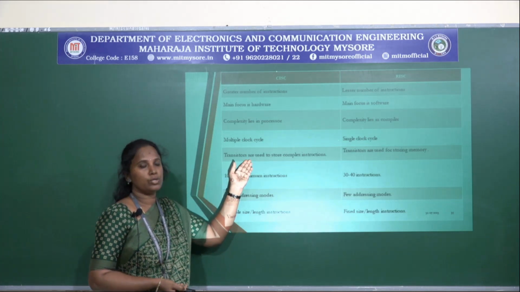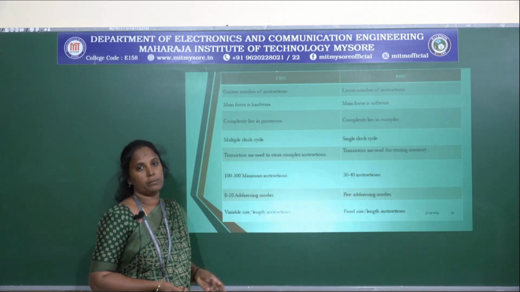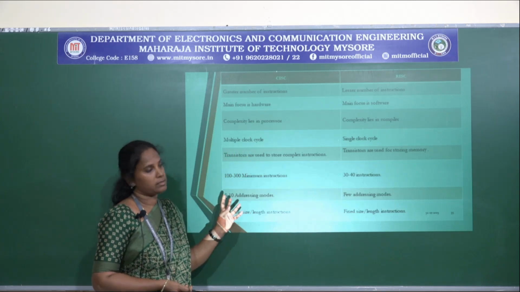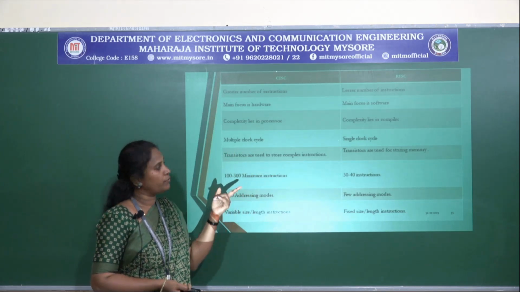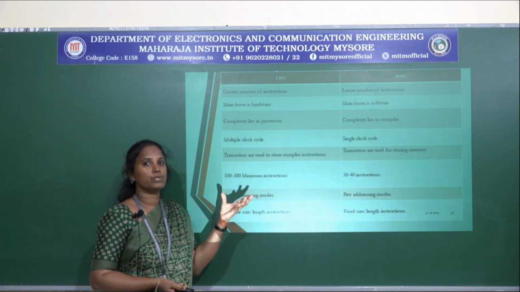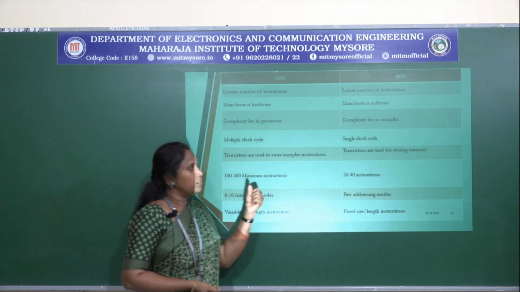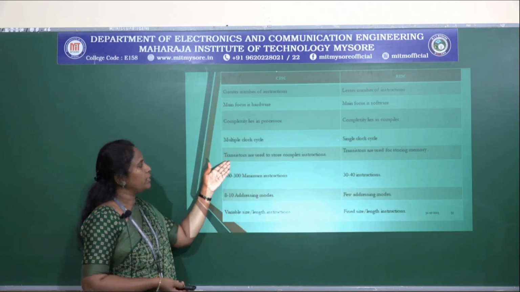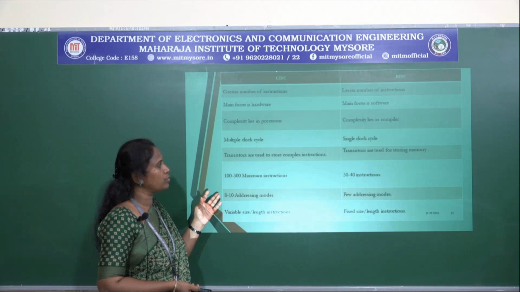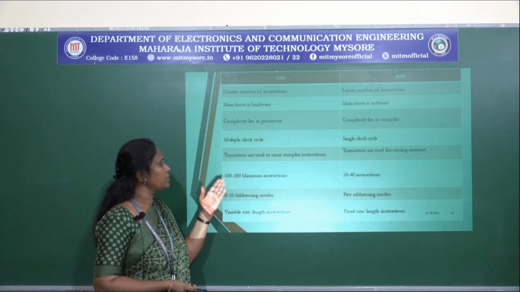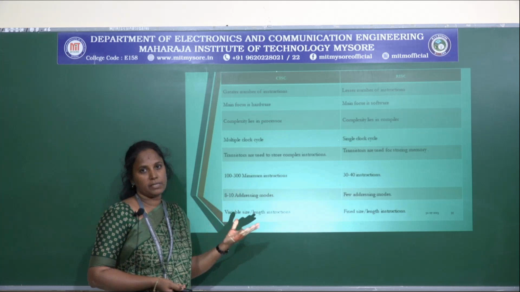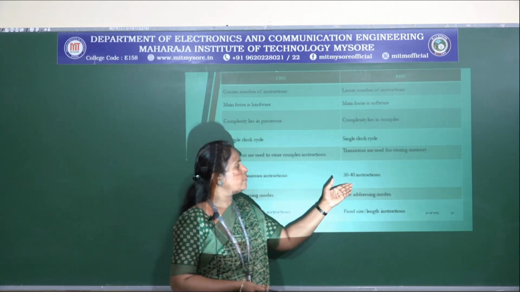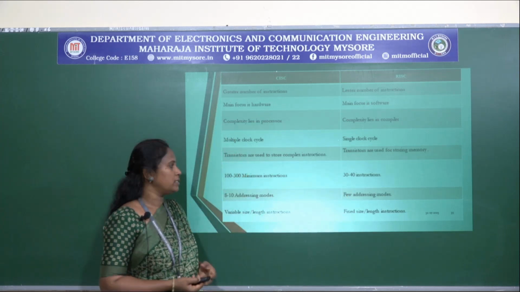Then transistors are used to store complex instructions, that means in order to store your data, to store your program, we use transistors. Then 100 to 300 minimum instructions, that means the instructions are more in the case of CISC, and in the case of RISC we have 30 to 40 instructions.